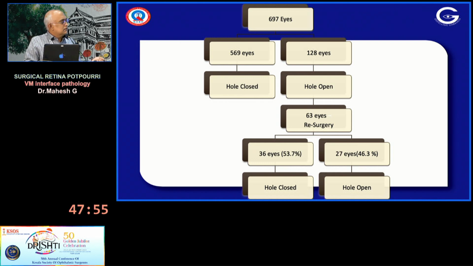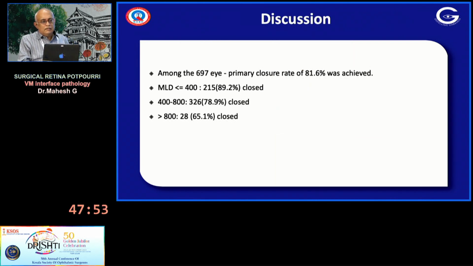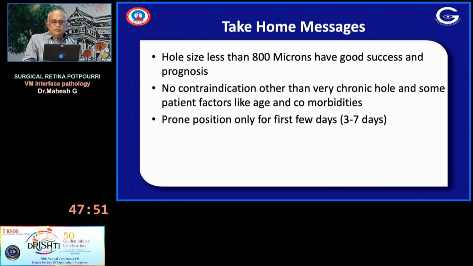This is our result, and the take-home message is, if the hole size is more than 800, we need to do extra procedures like an inverted ILM flap or some transplant, such as a retinal transplant or amniotic membrane. There are a lot of methods, whichever is convenient for you.